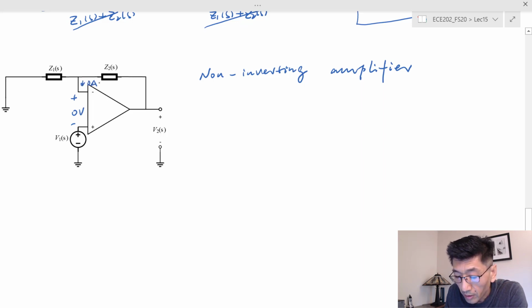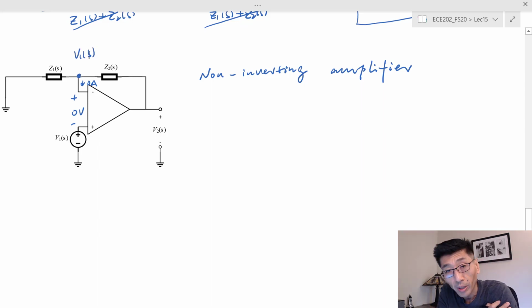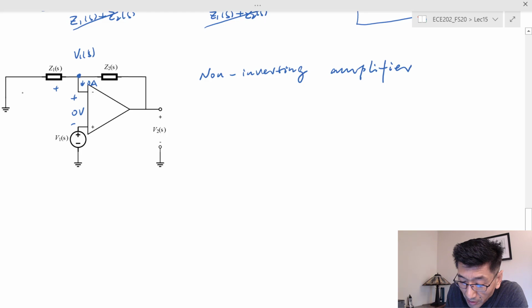So therefore this node voltage here is V1s. So this one, the voltage division is way easier compared to the other case. Based on the voltage division, the voltage across this is going to be equal to V1s, right?